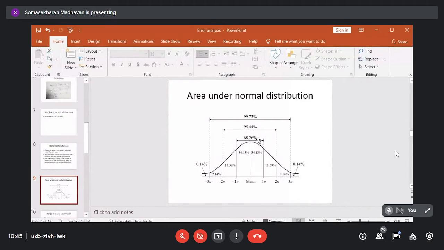Similarly, this is called the 1 sigma interval. Then if you take the 2 sigma interval, that is mu minus 2 sigma and mu plus 2 sigma, or mean minus 2 into standard deviation, mean plus 2 into standard deviation, there the total area comes to 95.44%. That means if you take one observation at random from a normal distribution, the chance of that observation lying in the interval mu minus 2 sigma, mu plus 2 sigma is 0.9544.